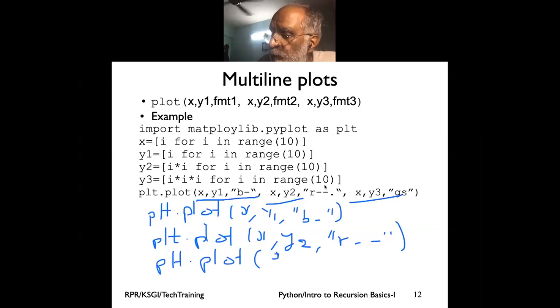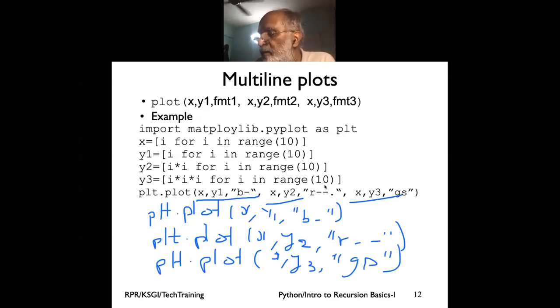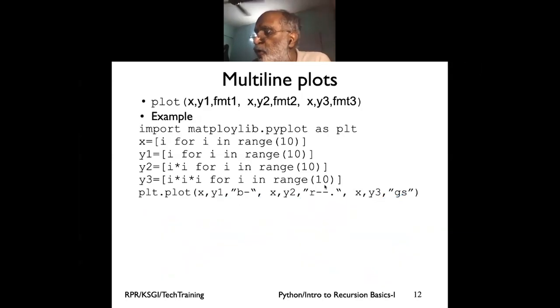Then plt.plot x comma y3 comma gs, which means green and solid. You'll see a green and solid symbol. This is what it means. So either you can do it in a single statement if you know, or you can do it separately.